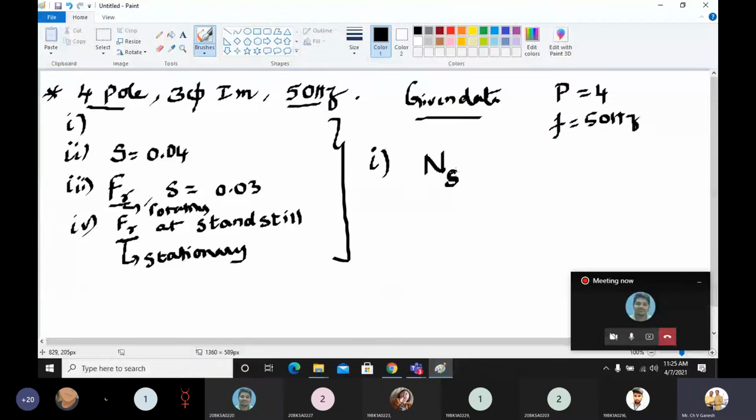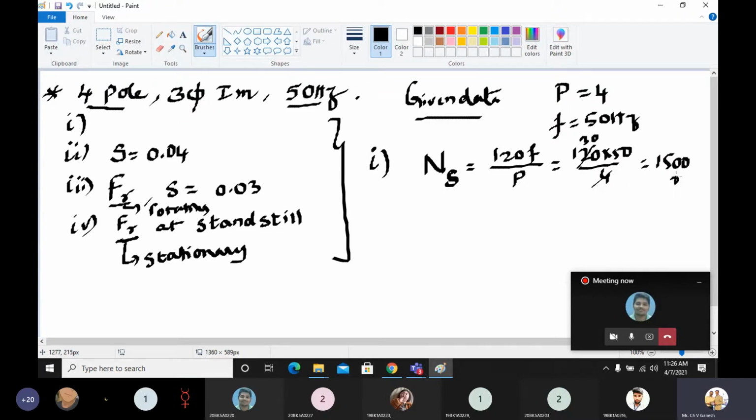You have to know this. The formula is 120 f by P. I know the frequency is 50 and the poles are 4. So 120 into 50 by 4. 4 into 30 is 120, and multiplying these two gives 1500 rpm.